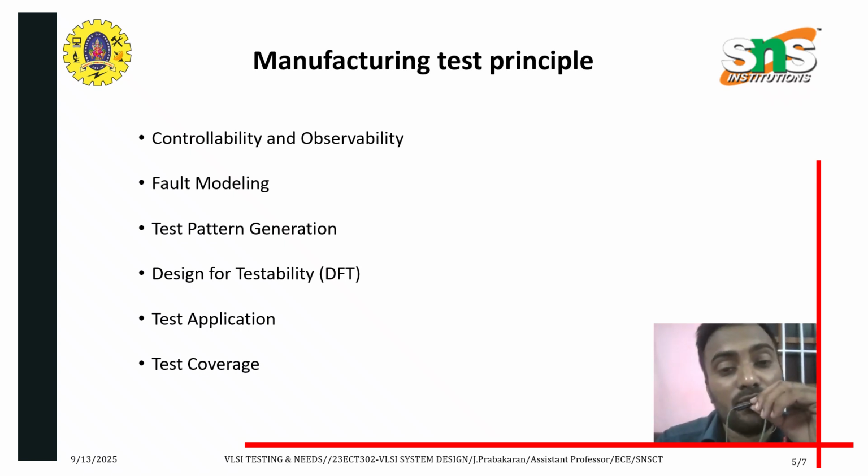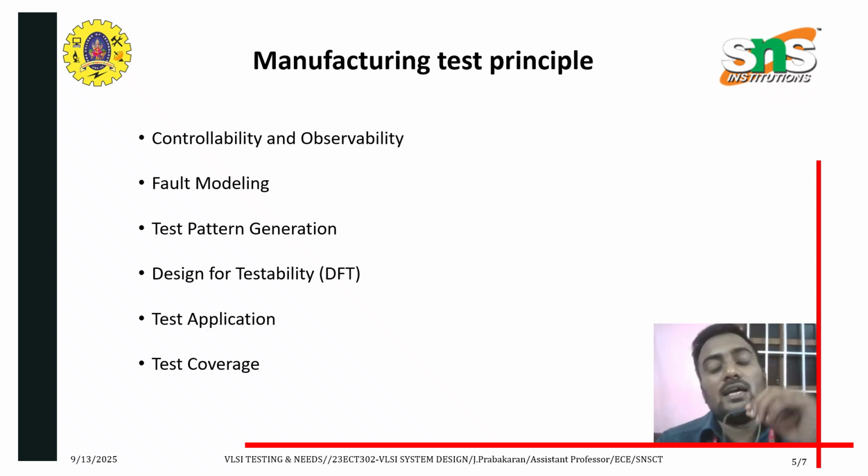And fifth thing is test application. Test patterns are applied using ATE, which means automatic test equipment. Chips failing the test are discarded. If passing, chips, which means fault-free chips, proceed to packaging or system integration.